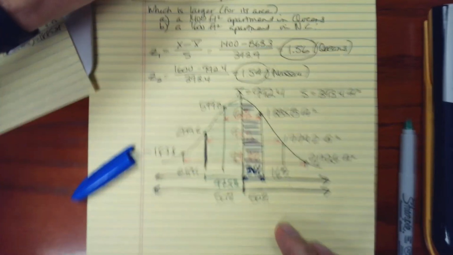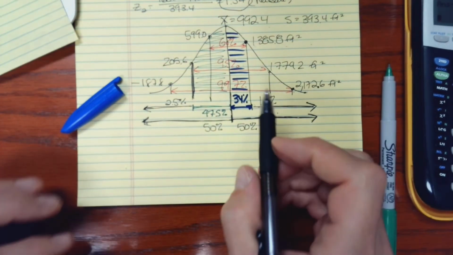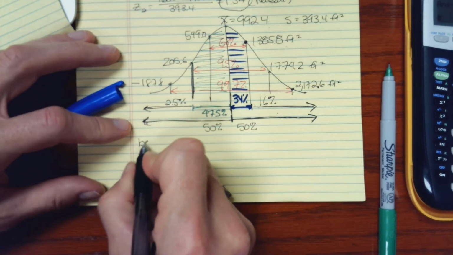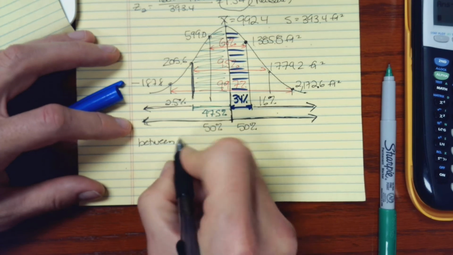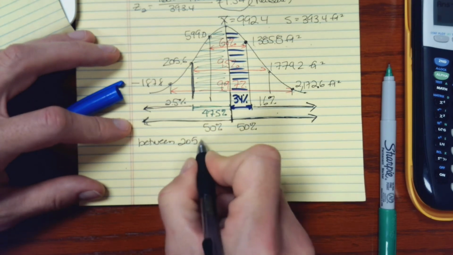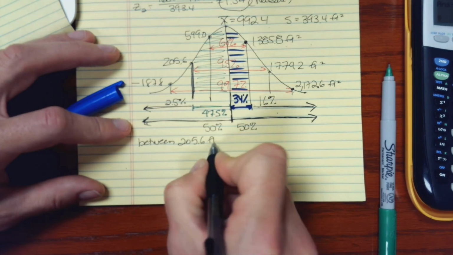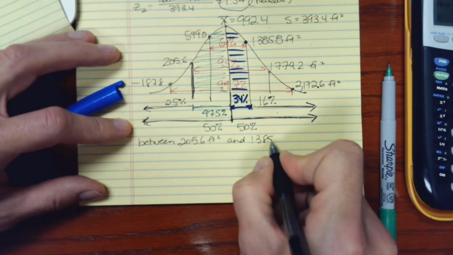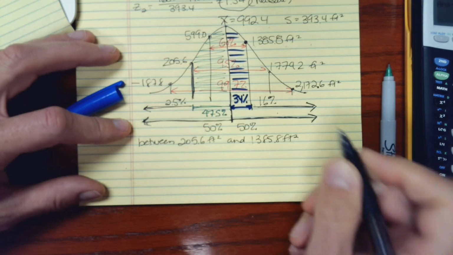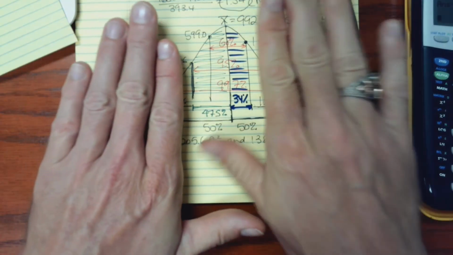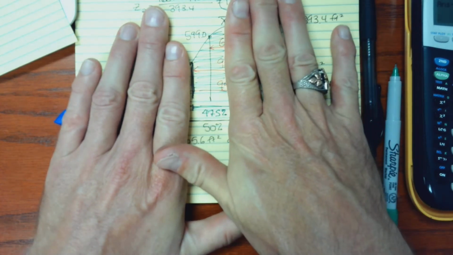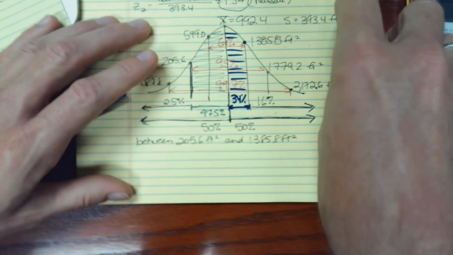So let's answer some other questions here. What percentage of apartments are between 205.6 square feet and 1,385.8 square feet? For that, I'm basically looking for this region, and so I can just add the 47.5 with the 34.